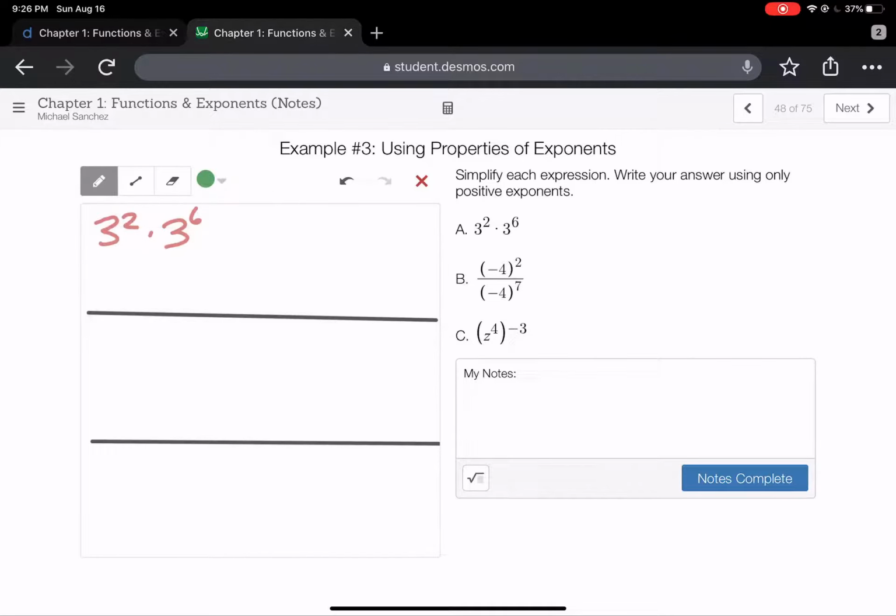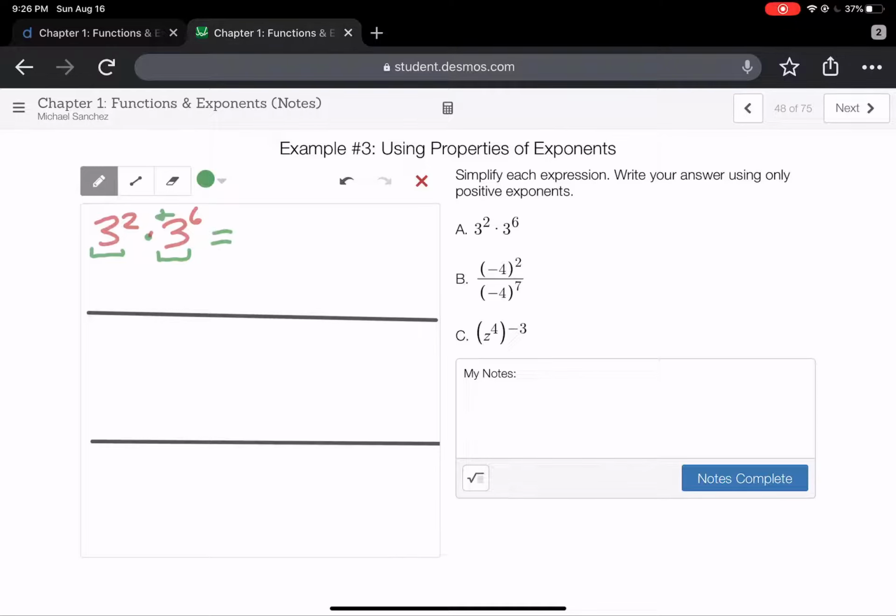When these two bases are the same, we can add our exponents. When the two bases are the same and we're multiplying, you can add the exponents.